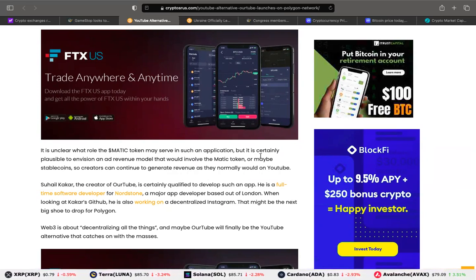So it involves Matic tokens and stable coins, so creators can continue to generate that same income, which is what keeps us attached to YouTube, trying to make that income. So bullish for decentralization, another competitor in the space for streaming. And yeah, we'll be looking into it just to check it out. That's really cool utility, and what the use case is truly going to be is something to think about.